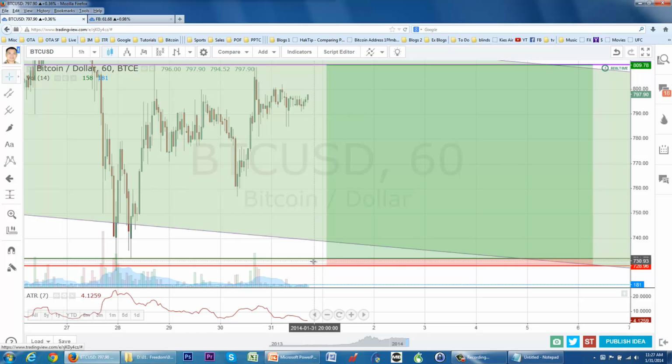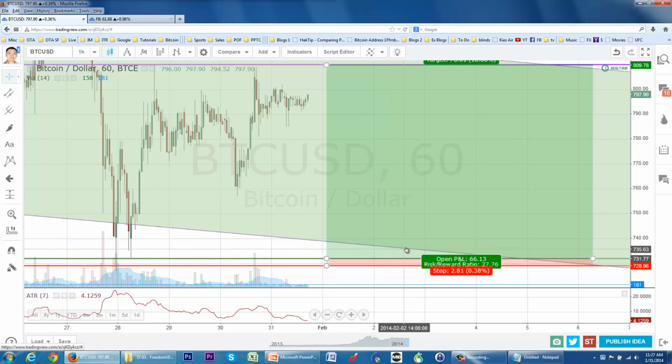So this lets me know that the stop loss is way too tight. Why? Because in my opinion and personal experience, this $2.8 stop loss is smaller than the hourly ATR for Bitcoin. So there's a very, very high possibility that if Bitcoin was close down to here, when I get ready to go long, it will shake me out long before I get a chance for price to shoot back up.